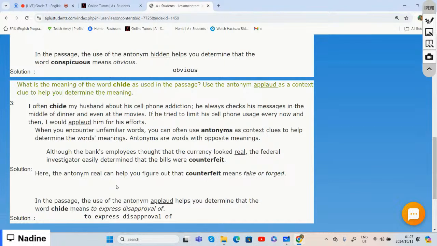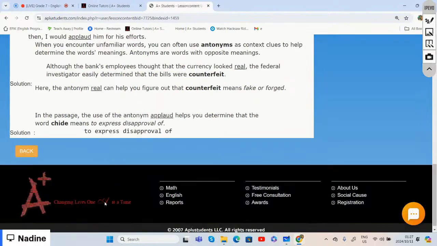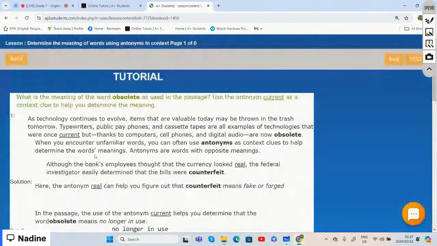All right. So now we're going on to our test, and we are going to determine the meaning of words using antonyms in context. All right.